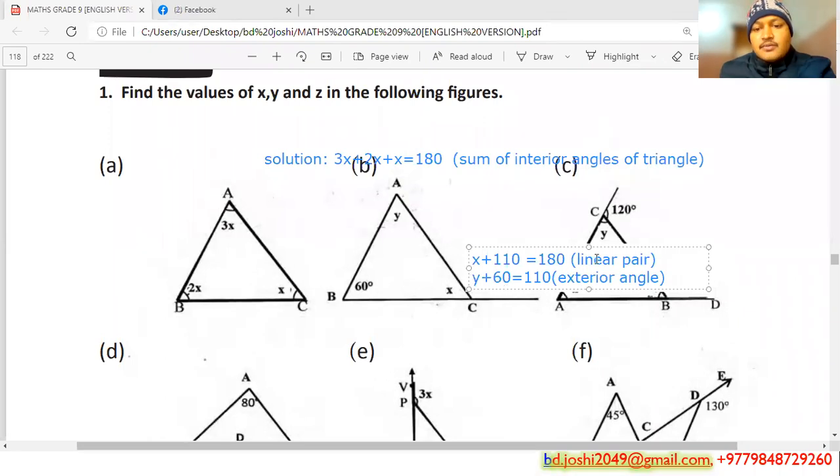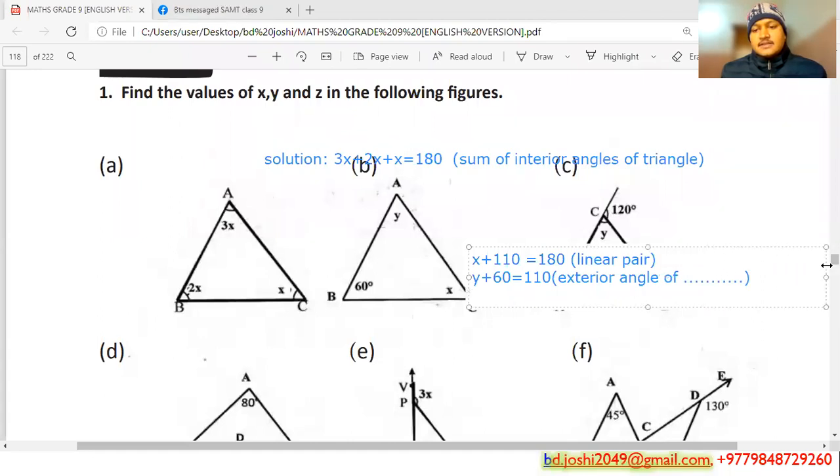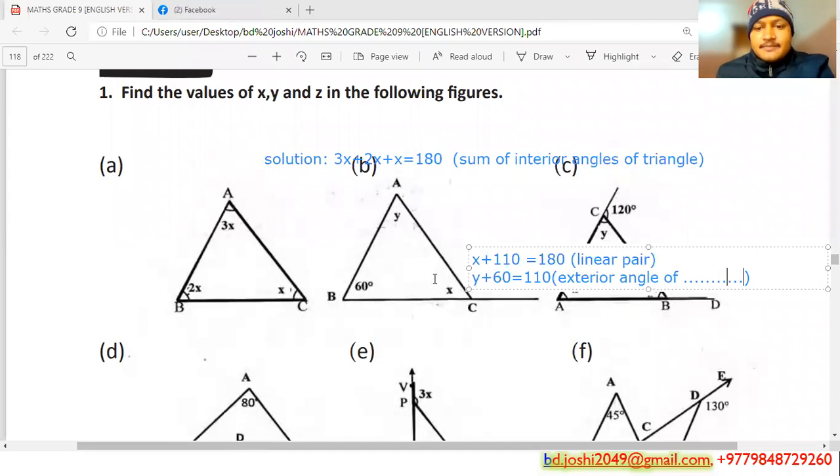Okay, in this way you will get the value of y also. This is one method. Another method is x plus y plus 60 is equal to 180. We have already found the value of x here. x is equal to 180 minus 110, which is 70. So 70 plus y plus 60 is equal to 180 can also be done.